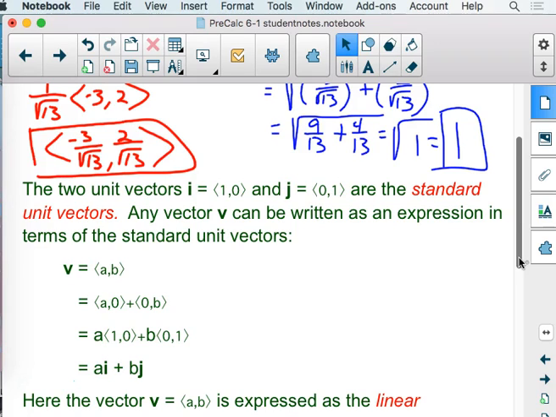Any vector v can be written as an expression in terms of standard unit vectors. If we worked this backwards and we had <a, b> and we wanted to have an i and j in there, we could do that. We could say this would really be the scalar a times the standard vector <1, 0>, and b times the standard vector <0, 1>. And we absolutely could get ai plus bj if we wanted to.